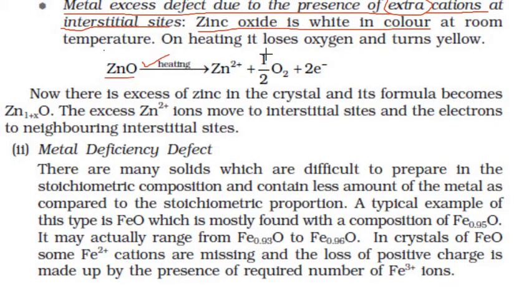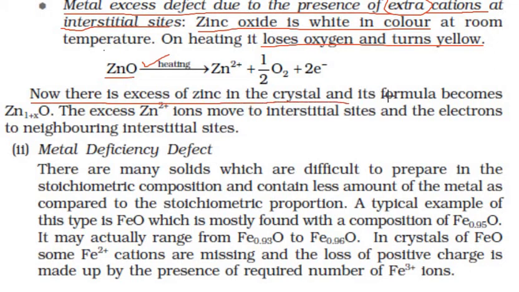The zinc plus 2 ions are produced, and it loses the oxygen and turns yellow. Because of the thermal energy, the ions in the crystal get energy, and the zinc plus 2 ion goes into the interstitial site of the crystal.